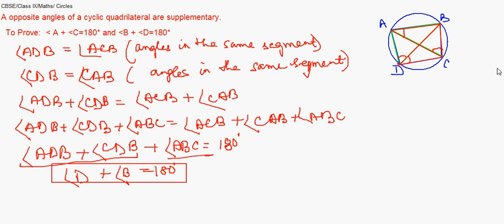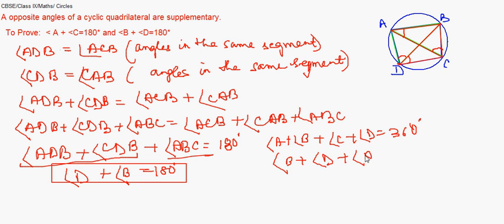Now, on the other hand, we know in a quadrilateral, the sum of all the angles is 360 degrees. If you rearrange, it can be written angle B plus angle D plus angle A plus angle C as 360.